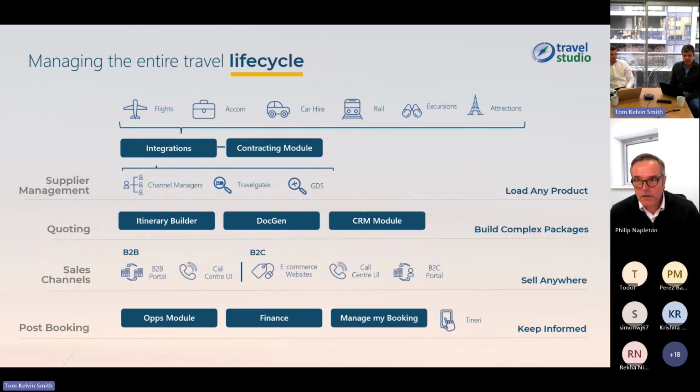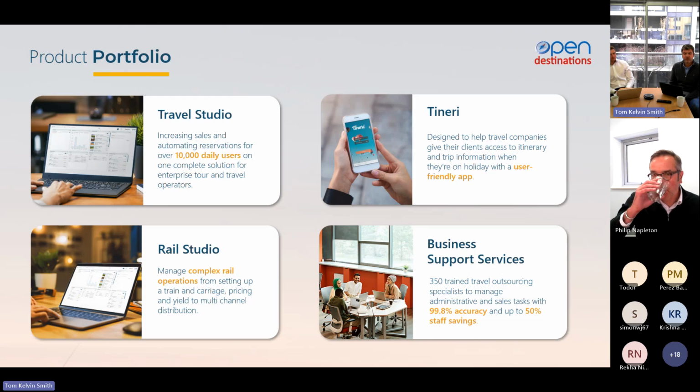We've spoken a bit about Travel Studio, but we've got one final slide that talks about some of our other products and services here at Open Destinations. If I work my way around the screen, Rail Studio helps rail companies set up and manage their rail operations: routes, carriages, prices, allocations, and then sell and operate those departures.